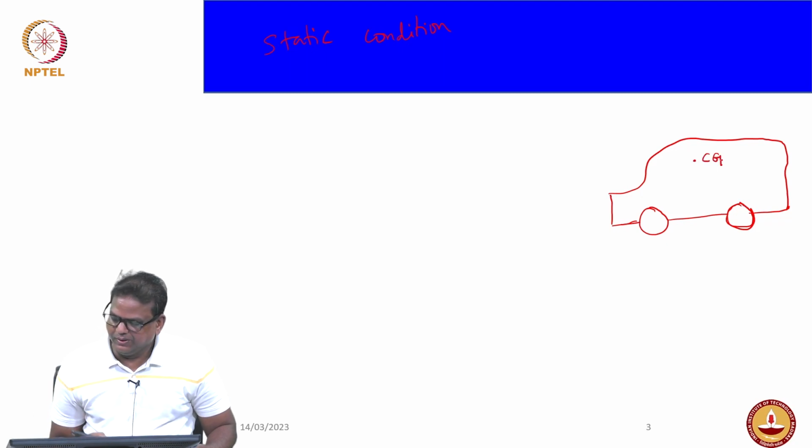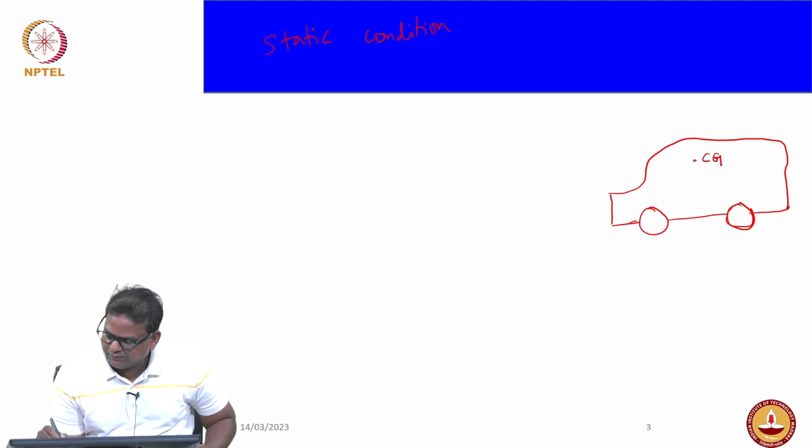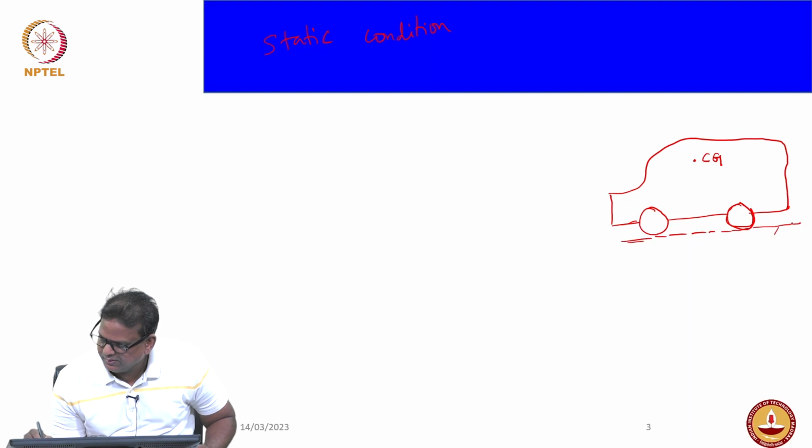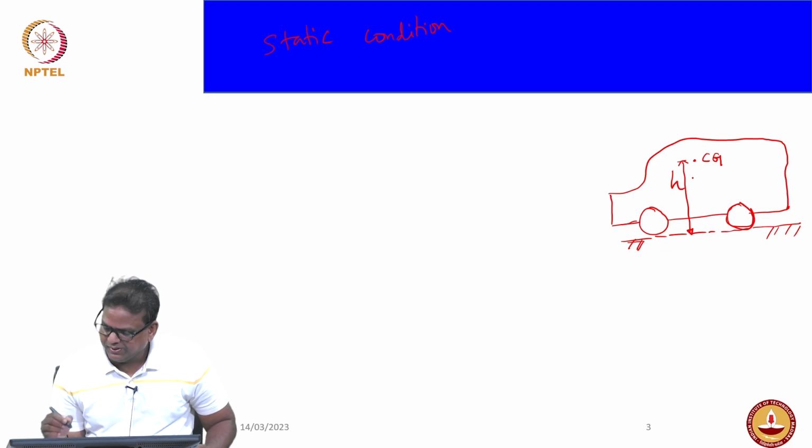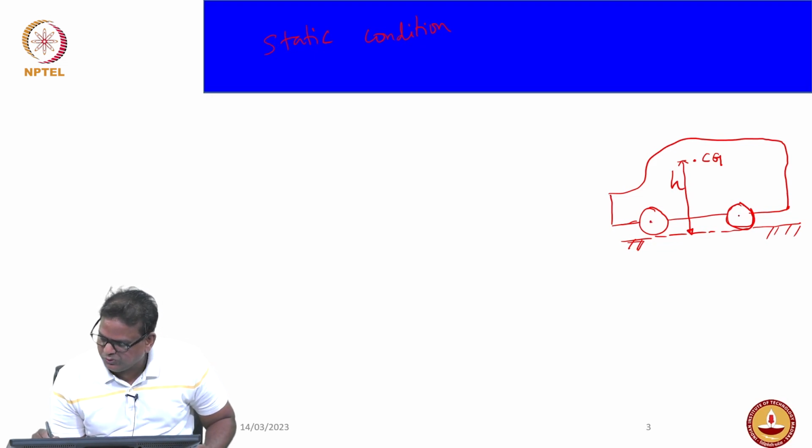Then from the center of gravity to the road level, the height is called h. Then the distance between two wheels is called the wheelbase, normally called L.